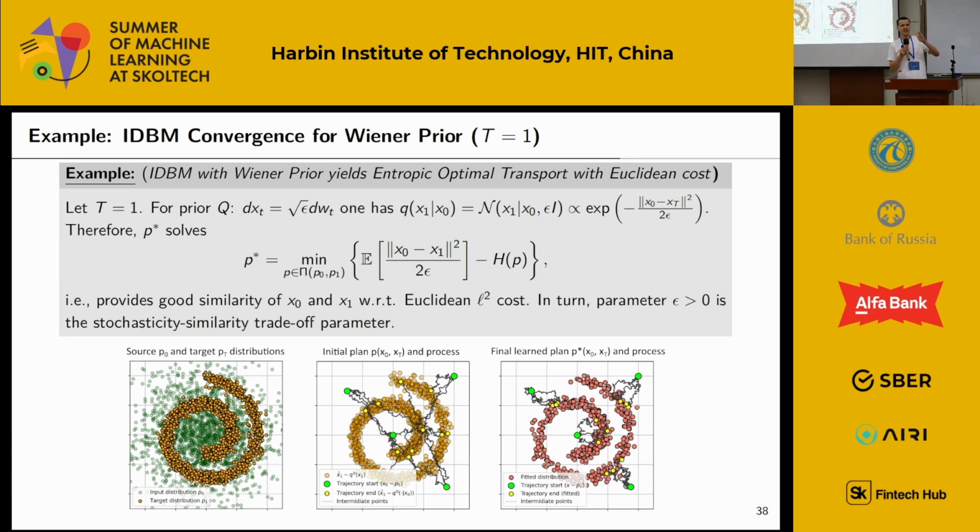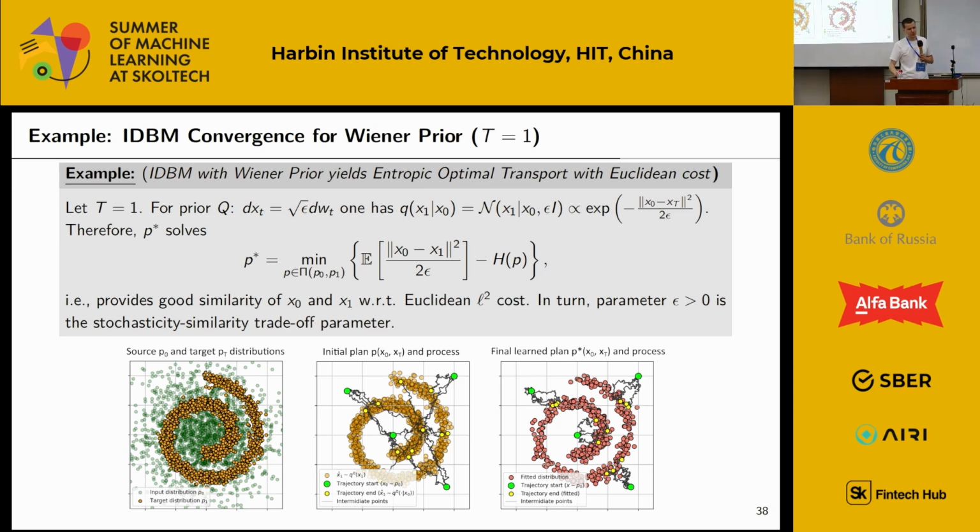So basically, it finds the transport of distribution P0 to distribution P1, which is the best in the sense of preservation of the content of the data, when this content is measured by L2 difference between input point and the end point, plus some entropy term, entropy regularization.